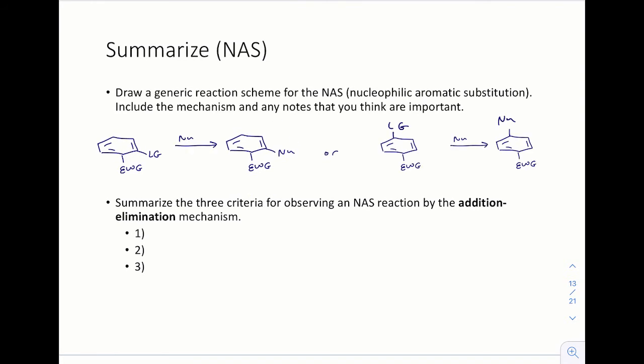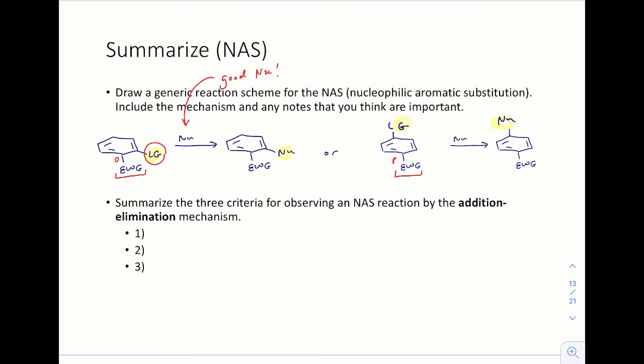In nucleophilic aromatic substitution, an arene with a leaving group that is ortho or para to an electron withdrawing group that is treated with a good nucleophile may undergo nucleophilic aromatic substitution, replacing that leaving group with the nucleophile.